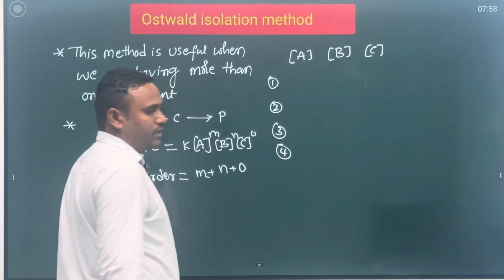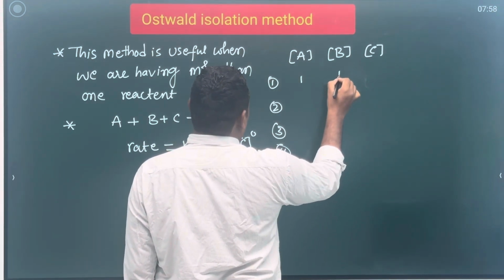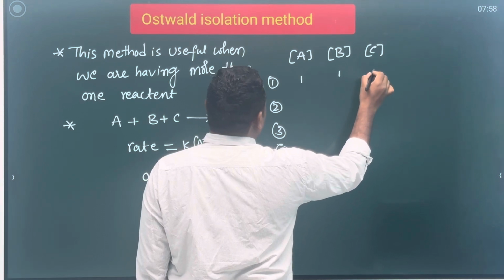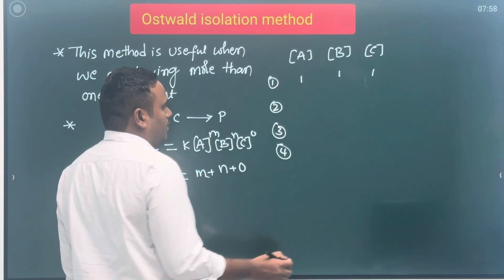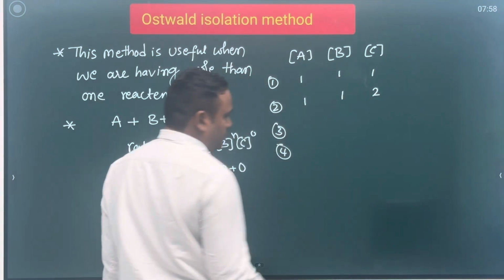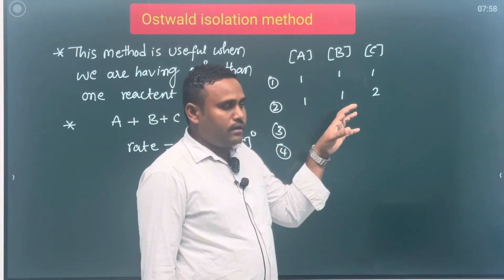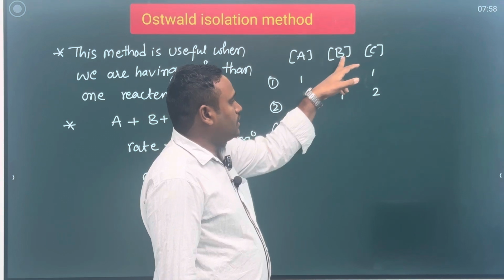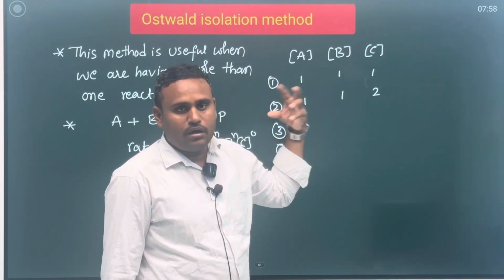In experiment 1, let us consider A, B, C: the concentration of A is 1, B is 1, and C is 2. So here I kept the concentrations of A and B constant, but the concentration of C I doubled.